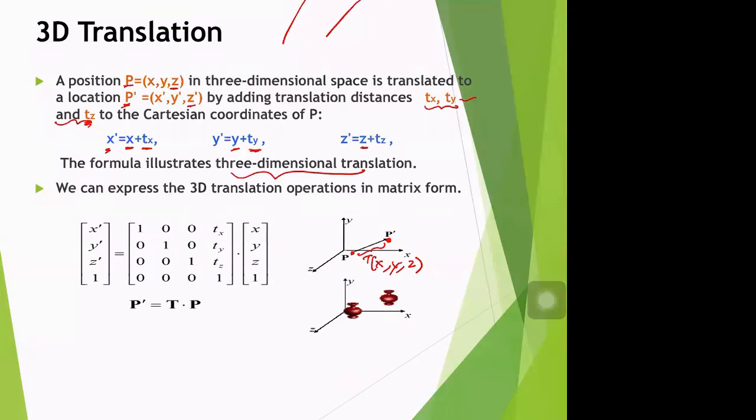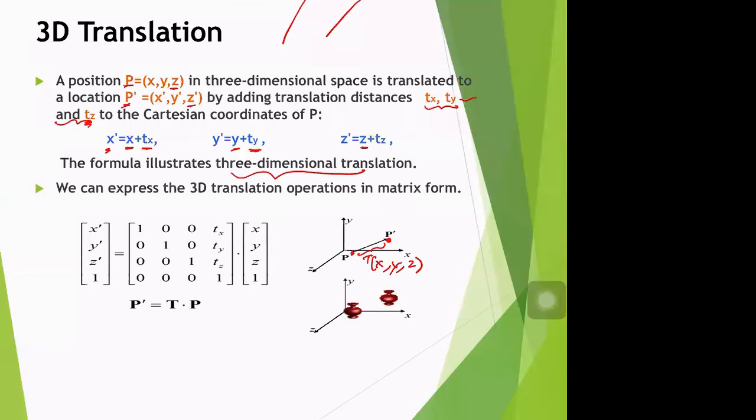Everything will be your T. As I now have 3 axes, x, y, and z, my point P will have all 3 values. Do you agree?